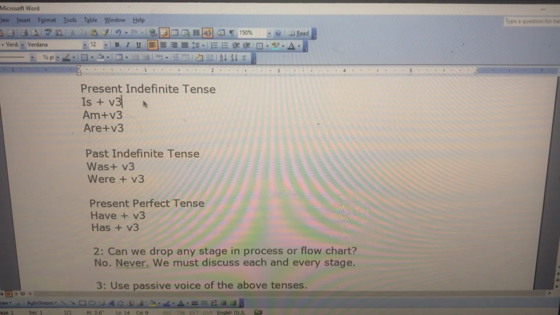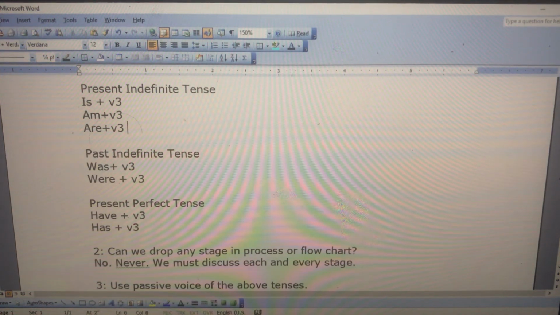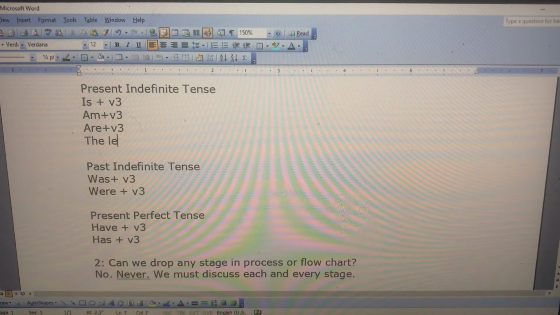For example, if I say like this, look at here, let me give you the example of are. The leaves are fermented, right? This is now present indefinite tense, passive voice.